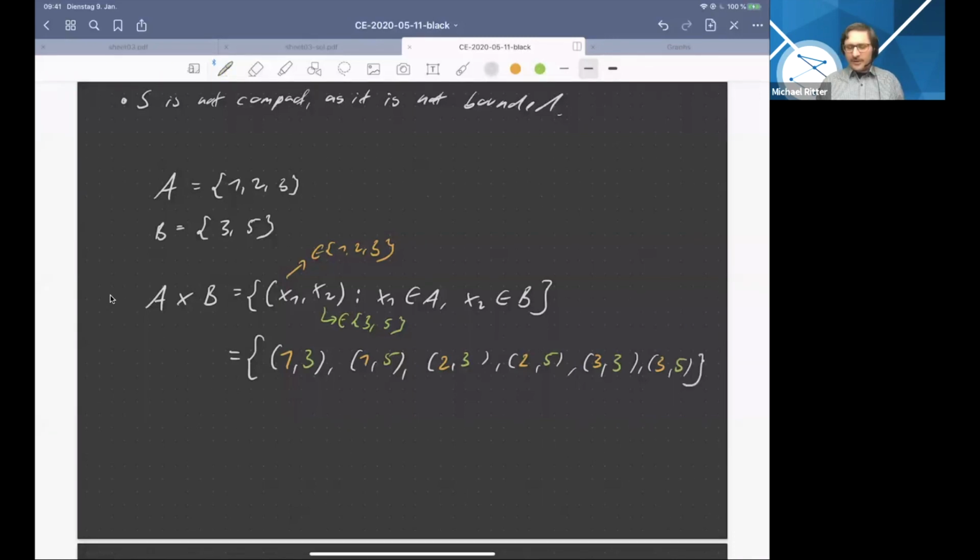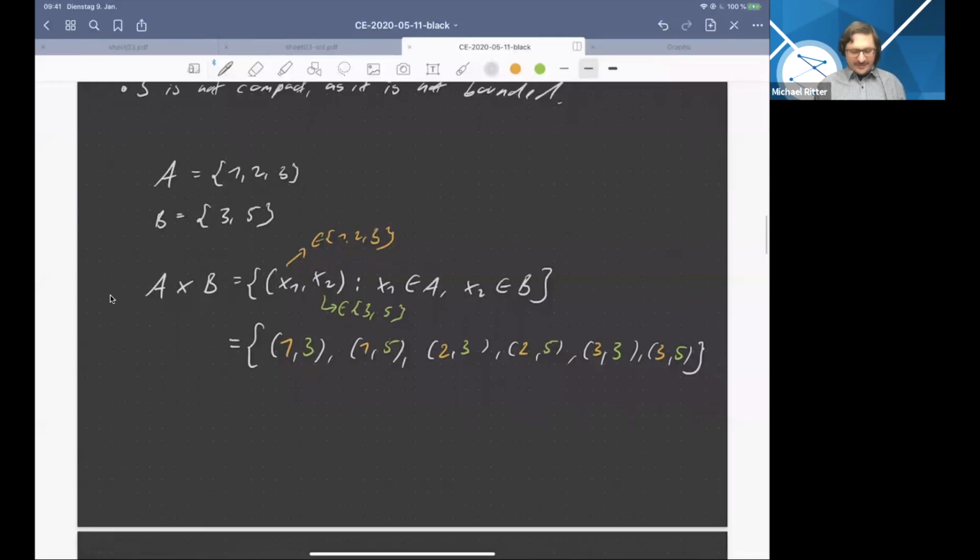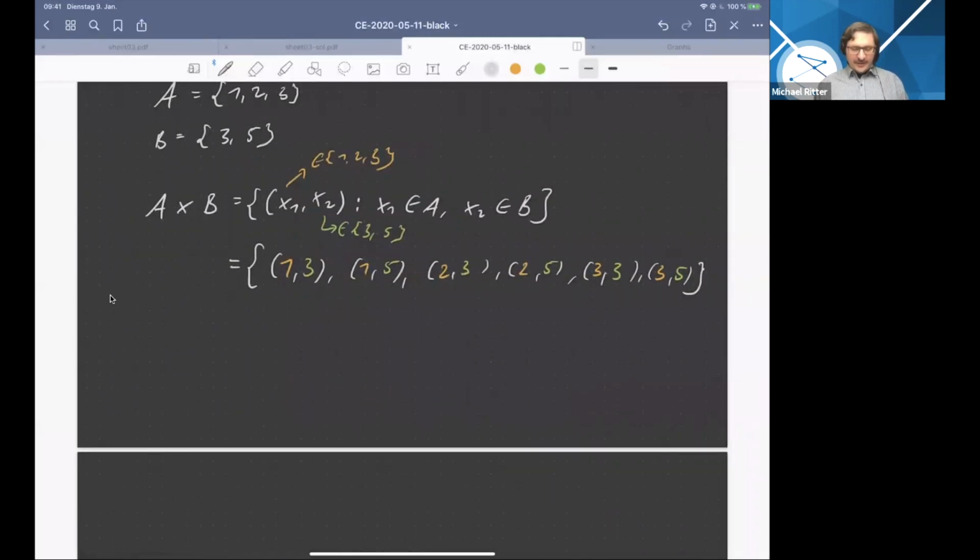So that lists all possible combinations of elements from A in the first coordinate and elements from B in the second coordinate. And this is the set product of A and B. As you can see, we have these two sets and we get a set of tuples as the result. And that's just what I did above.